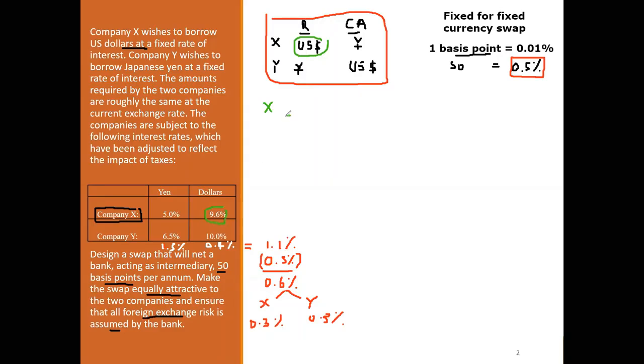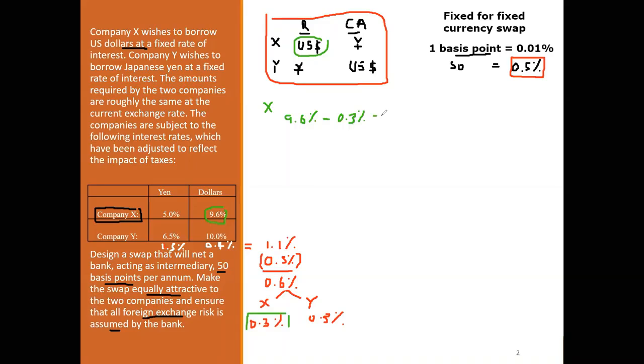9.6%. So if it goes directly to the US dollar market, X will have to incur a cost of 9.6%. But through this swap, X is getting an advantage. There is a benefit that X is getting of 0.3%. Because of this benefit, the cost of X should be reduced by this 0.3%.